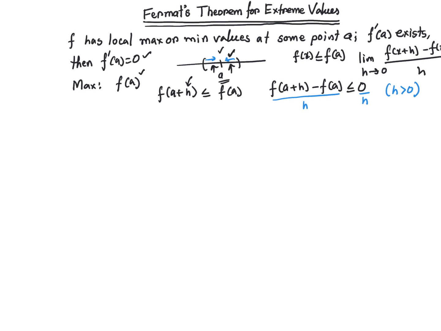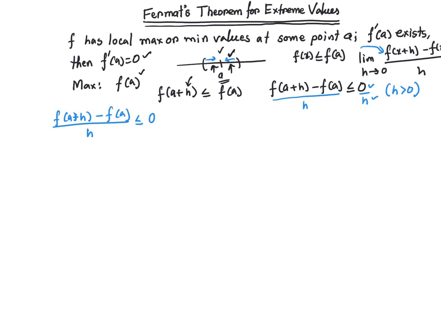So this gives me f of A plus h minus f of A divided by h is less than or equal to 0 divided by h, which is 0. You can see this looks like the derivative. You can guess already that I'm going to take the limit of this as h approaches 0.